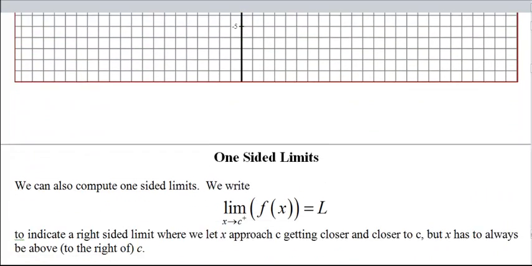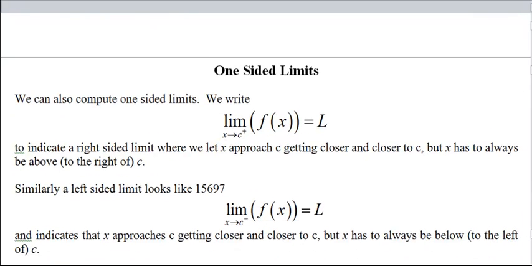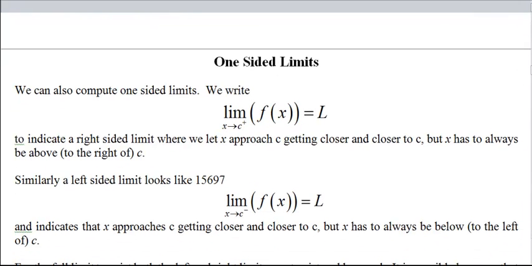Now, we can also talk about other kinds of limits. That was a full limit as x approaches a specific value. Now we're going to look at some one-sided limits. We can say the limit as x approaches c, and see that little plus there? That means we're approaching from the right side. So the limit as x approaches c from the right side of f(x) equals L. That's a right-sided limit.